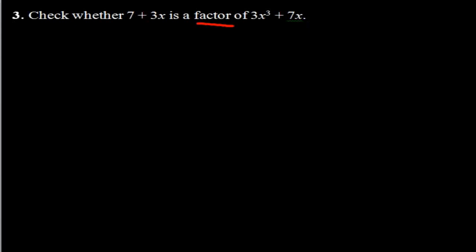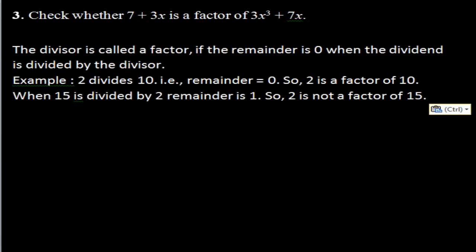The divisor is called a factor if the remainder is 0 when the dividend is divided by the divisor.